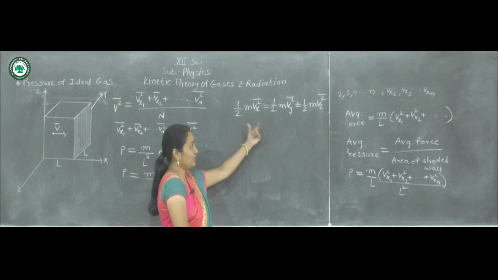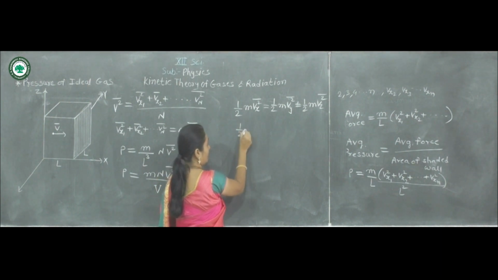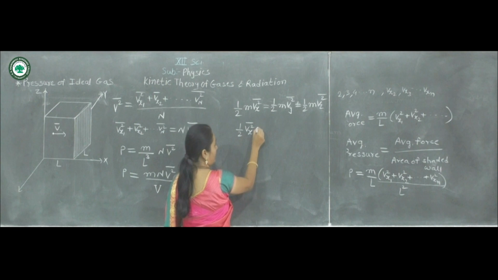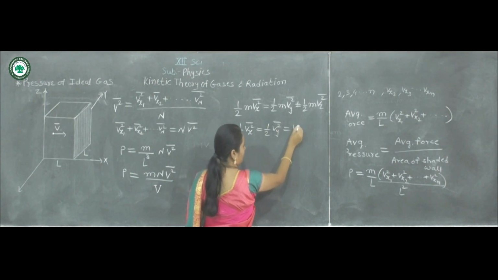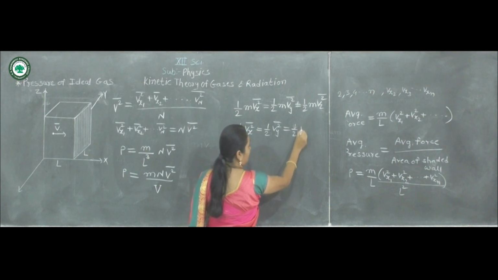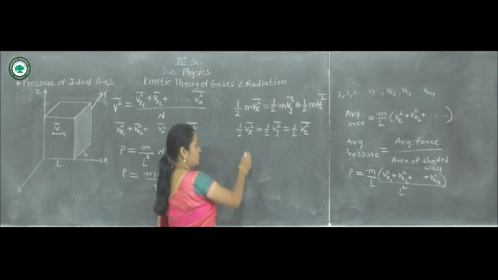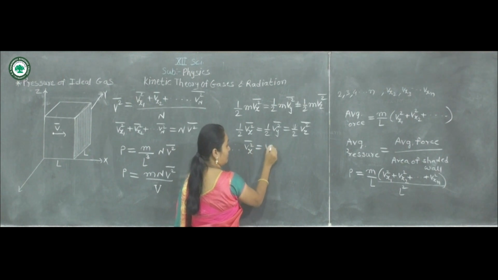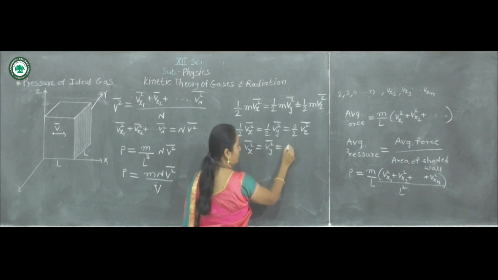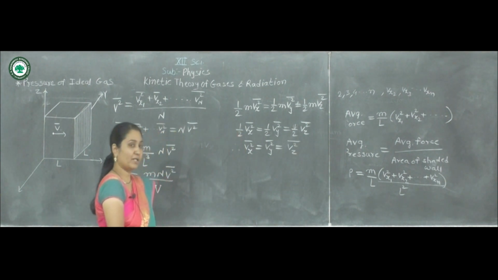So by simplifying this, we can say Vx square equal to Vy square is equal to Vz square.